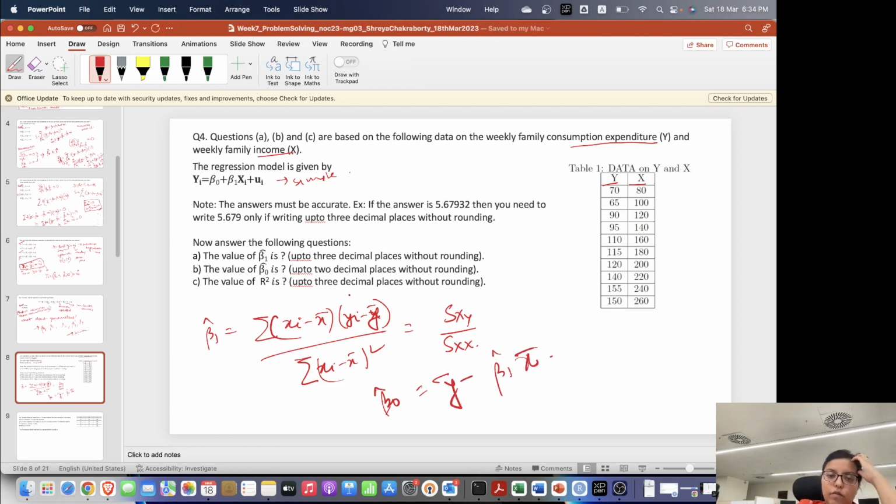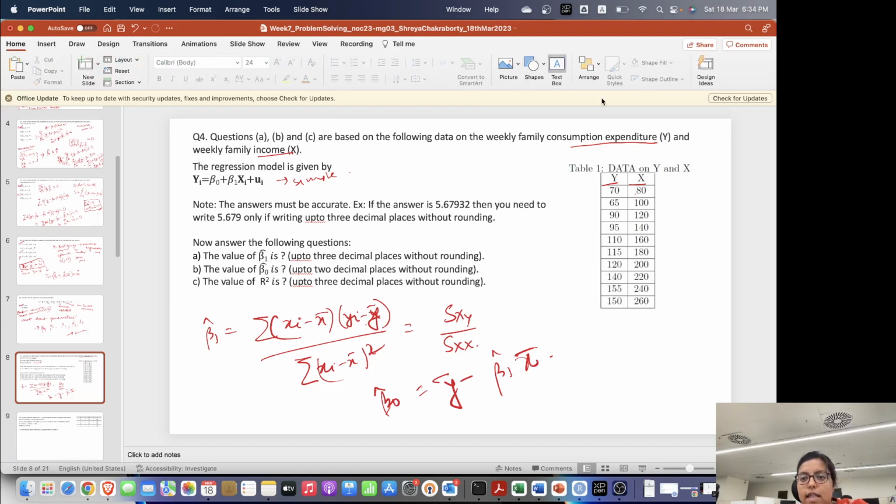Now we have to find these quantities and the sums. In order to do this, we can apply some shortcut methods so that the derived variables would have x bar and y bar as 0.